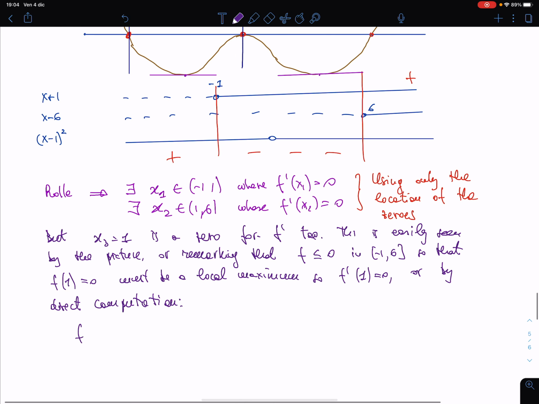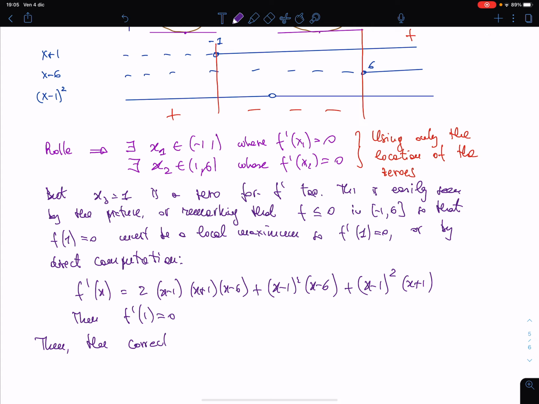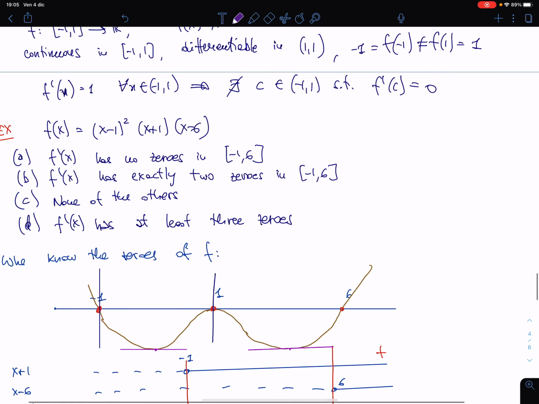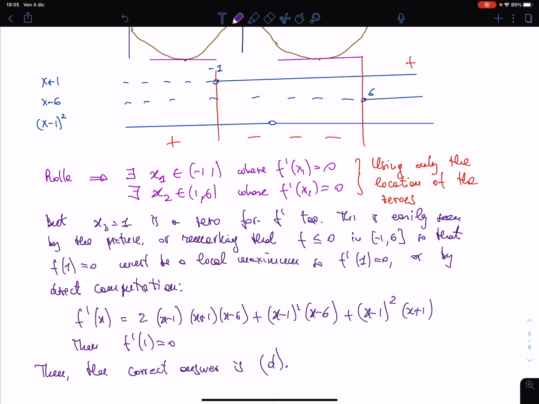So a factor x minus 1 appears in every term. So you immediately see that f prime of 1 is equal to 0. Then the correct answer is that there are at least 3 zeros of the derivative. And it was, if I remember well, option D. Okay? This is all for Rolle's theorem, so we go to the next theorem and next video.